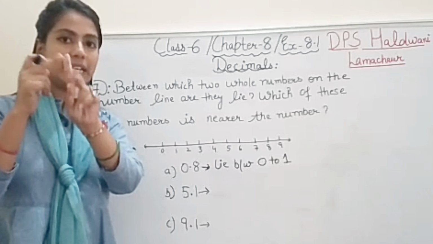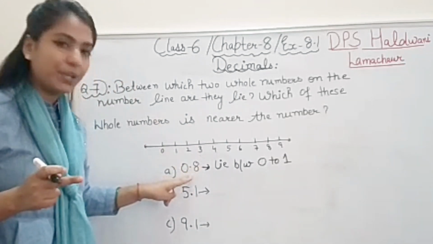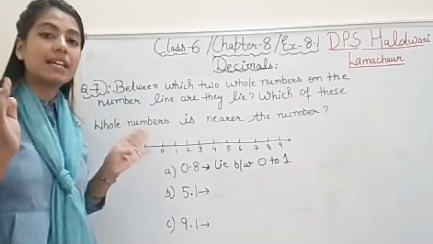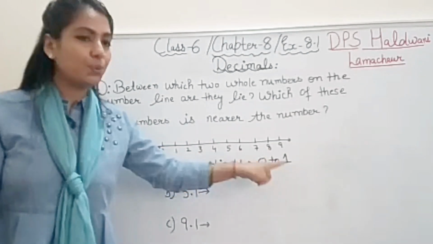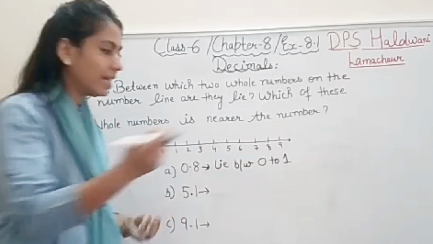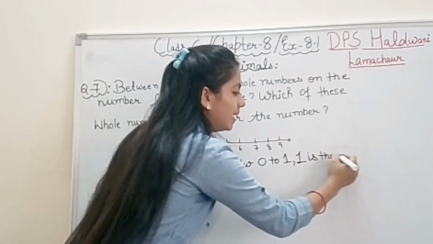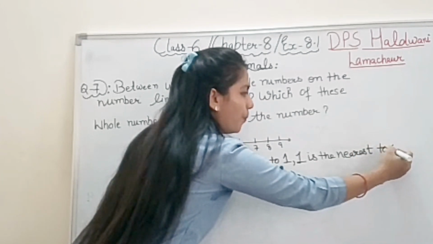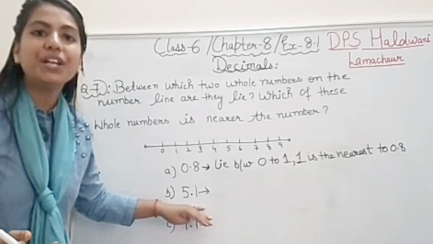Before 1 there are 0.8 and 0.9, so only two terms are left, while from 0 there are 7 lines. Which one is nearer? Obviously 1. It means 1 is the nearest to 0.8. Very simple, student.